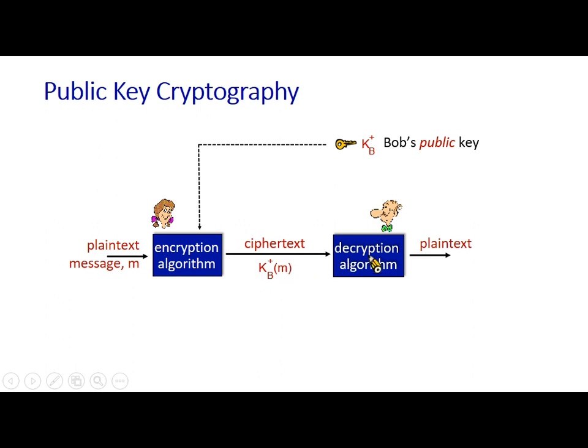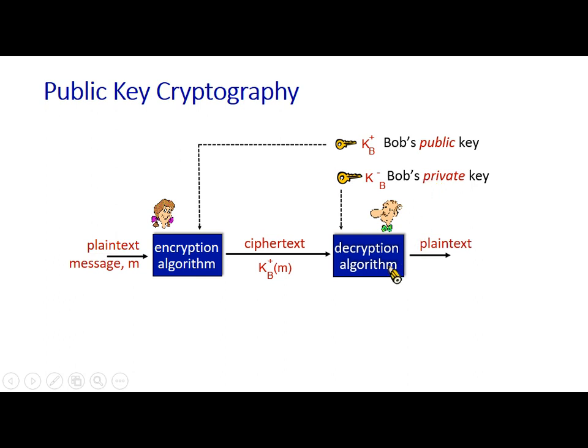Bob runs the decryption algorithm using his private key, KB minus, because it's a key pair, right? The public key is KB plus and the private key is KB minus.